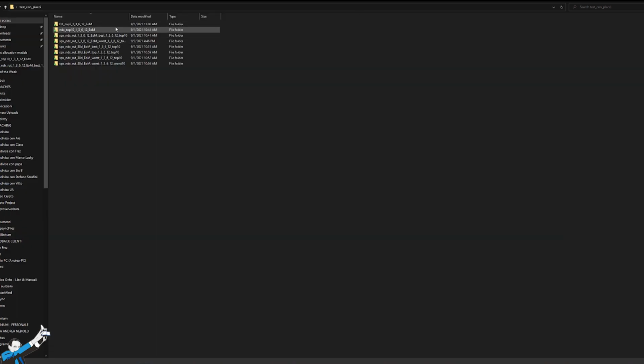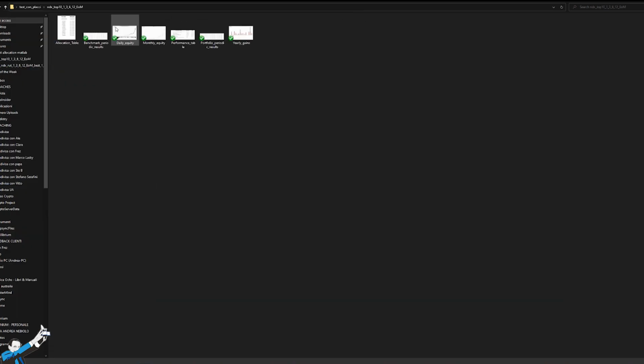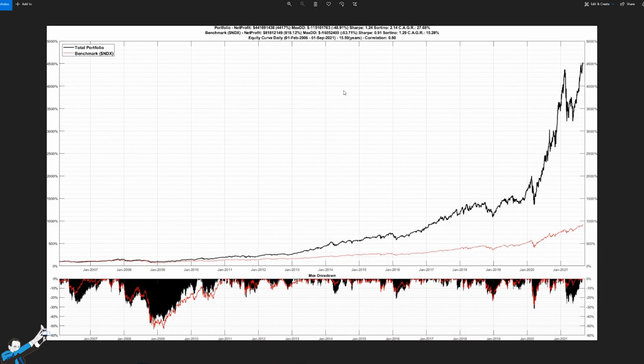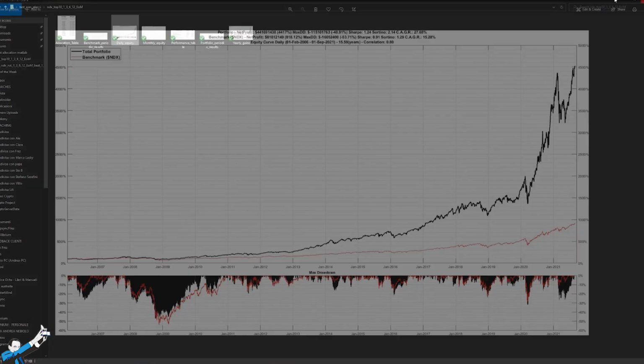Just to have a comparison, the same basic strategy applied on the Nasdaq 100 gives very impressive results. Here we can see that on the Nasdaq 100 we would get 27.68% as CAGR, the compounded annual growth rate, but with a very high drawdown that is close to 50%.